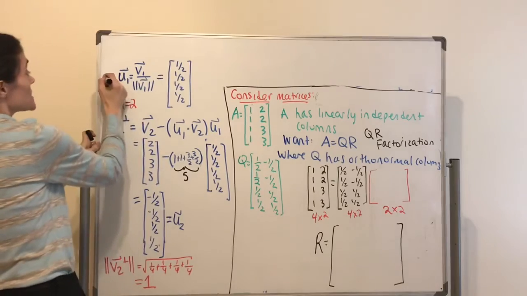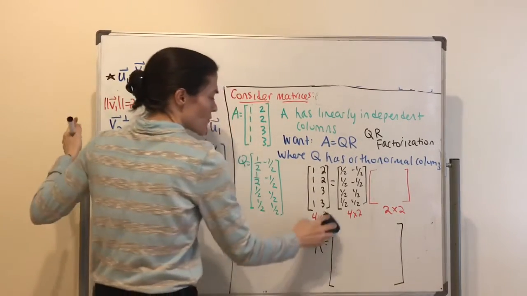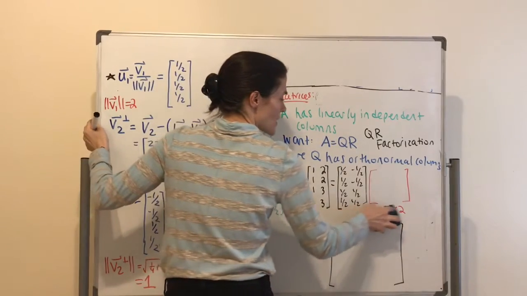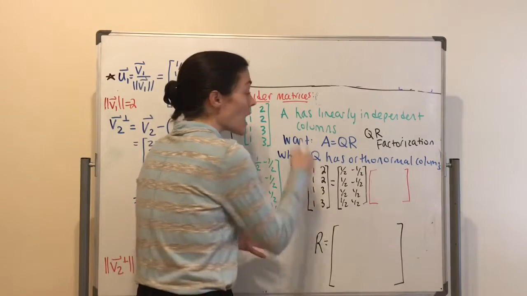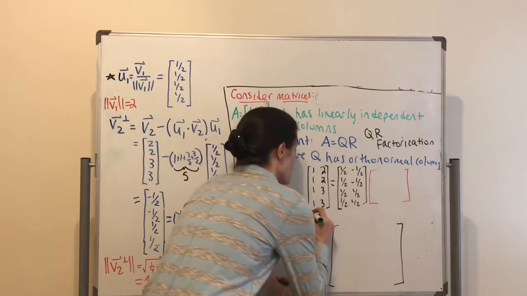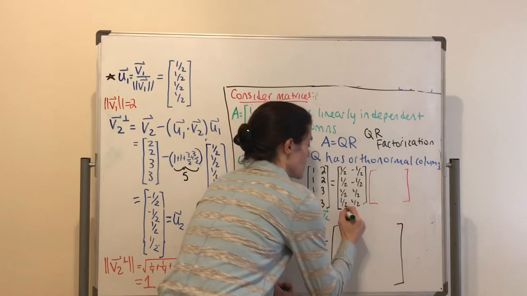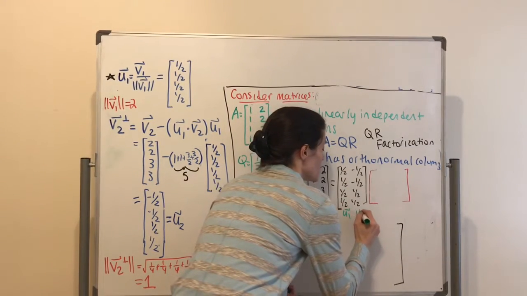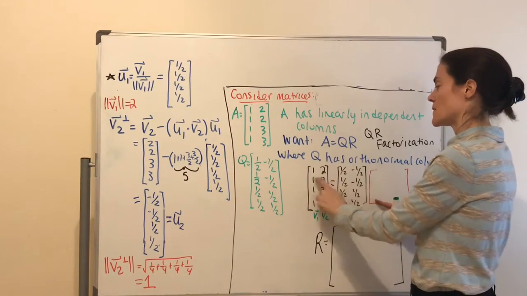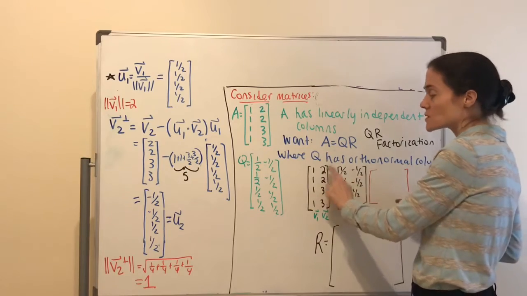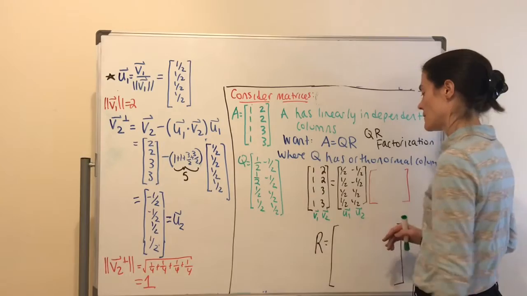Now, let's look at this very first equation. Well, first of all, before I look at any equations, let's try to understand what's happening here. So here, the columns of A are V1, V2, and the columns of Q are U1, U2. And let's think for a moment about taking row dot column. This would give us this one, and then row dot this column, this one, like this. Let's start thinking about the first column, okay?